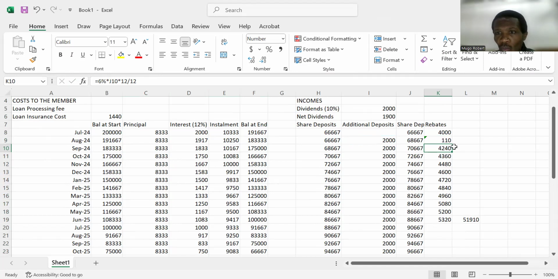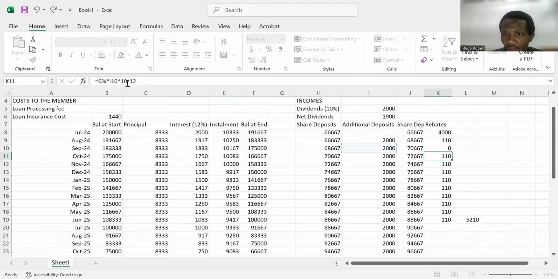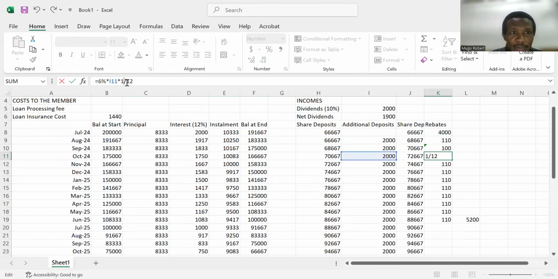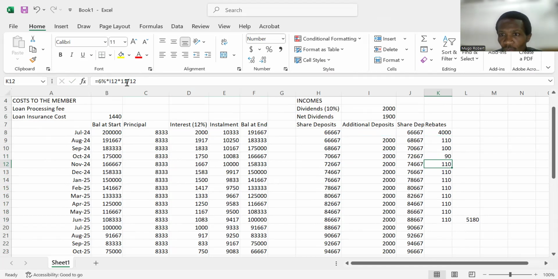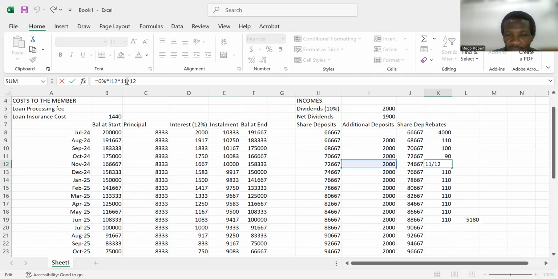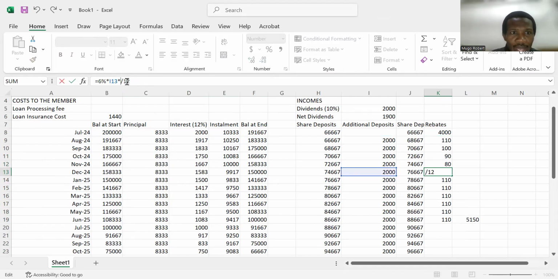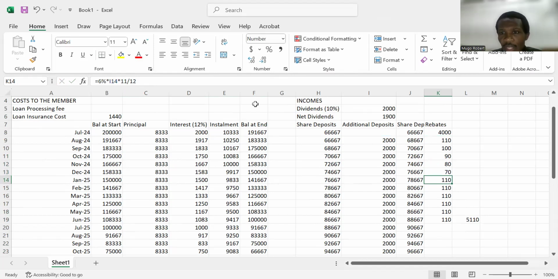So this will be for 10 months. The other one will be for 9 months. We continue with 8 months. The next one is 7 months. The next is 6 months.